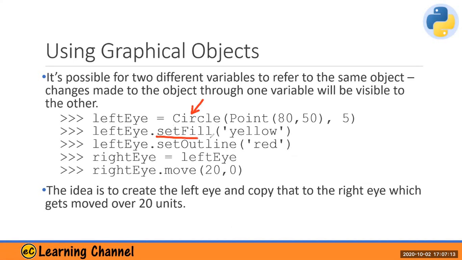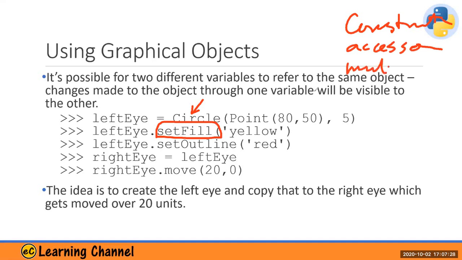So this is set fill, okay? Zoe, what type of function is this? Let's assume that we have 3 types to choose from: one is constructor, one is accessor, the other one is mutator. So what is this set fill? Is that a mutator or is that an accessor?